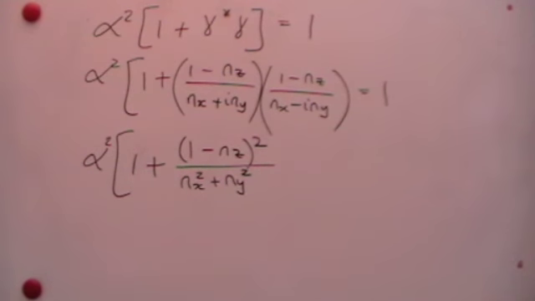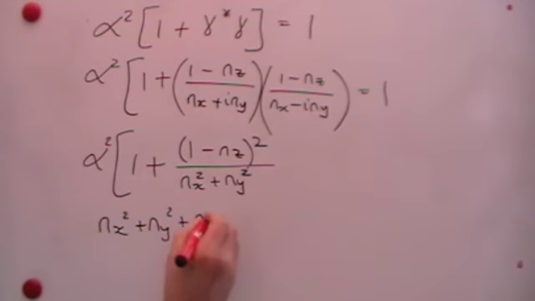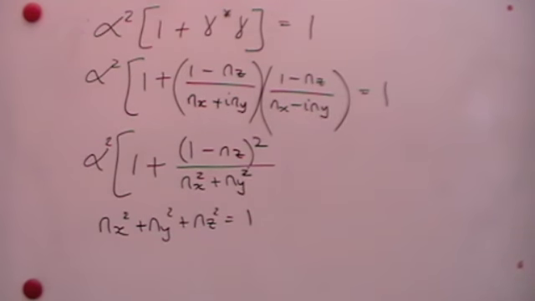Now I remind you that we said that nx squared plus ny squared plus nz squared equals 1 because the total length of the vector is always 1. And that means that nx squared plus ny squared, which is these two terms here, is simply 1 minus nz squared.